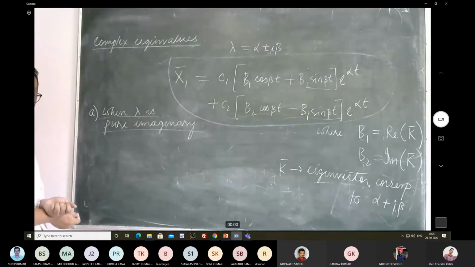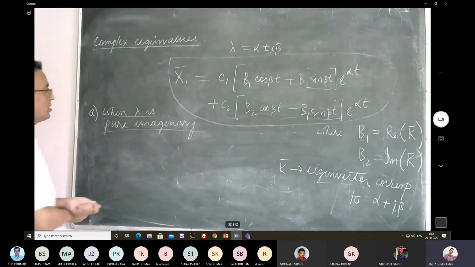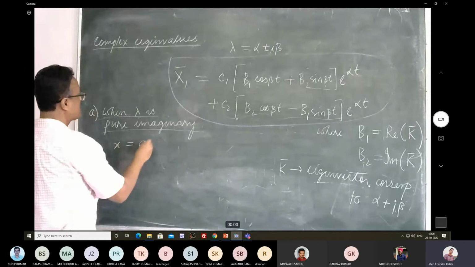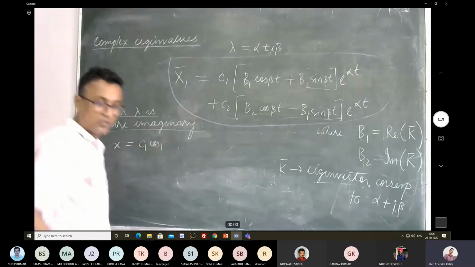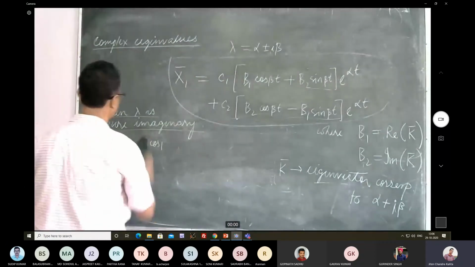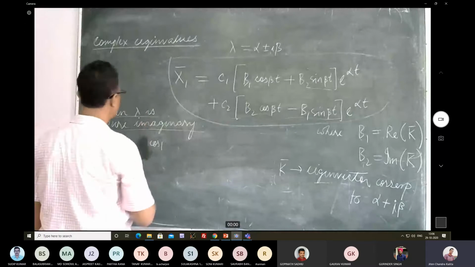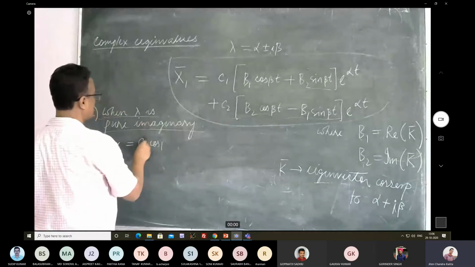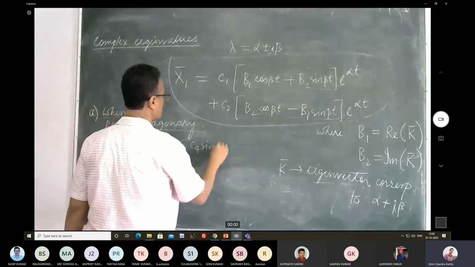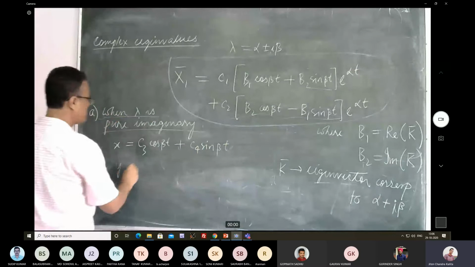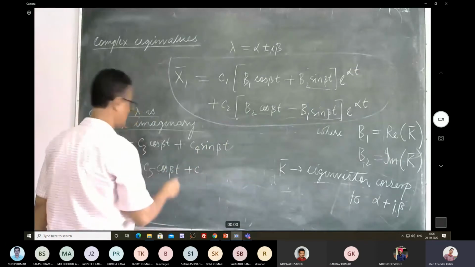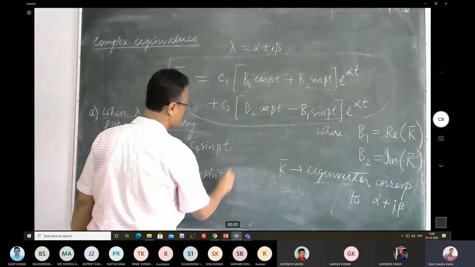So that means x is going to be something like C3 cos beta t plus C4 sin beta t, and y is going to be something like C5 cos beta t plus C6 sin beta t. Is it okay with everybody?